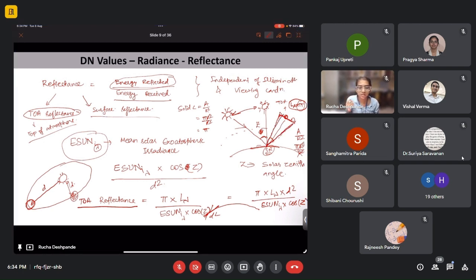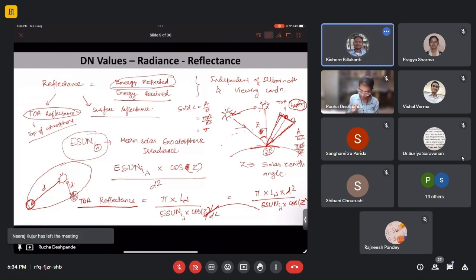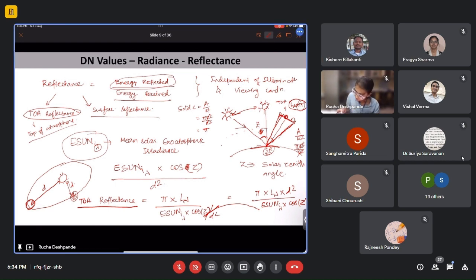A quick clarification. See, within this formula, I can understand the exoatmospheric irradiance and then zenith angle and also distance. But when we talk about the solid angle, at which part does this solid angle come into this picture? I think you have explained, but I missed it. Yeah, so what happens is we assume that this is a Lambertian surface. So this is not an ideal surface which reflects in only one direction.